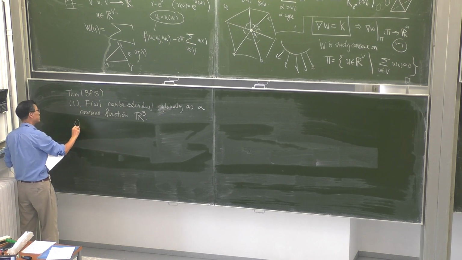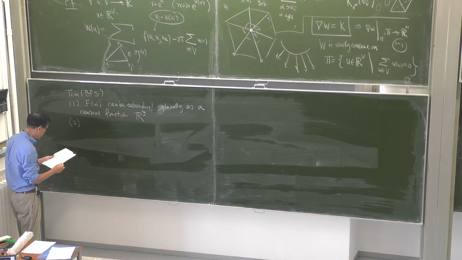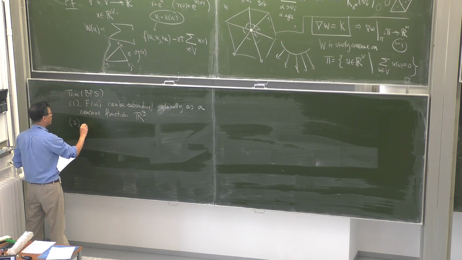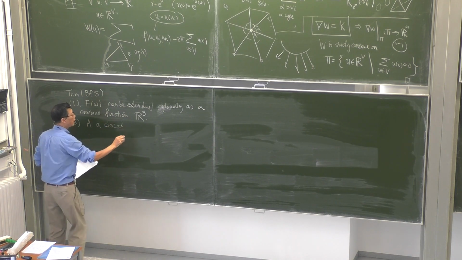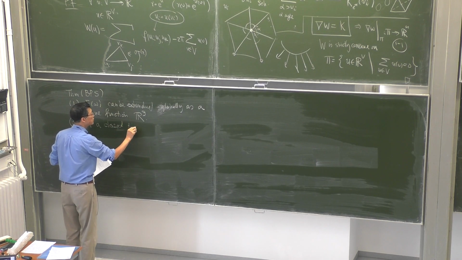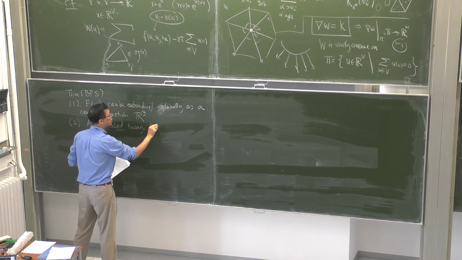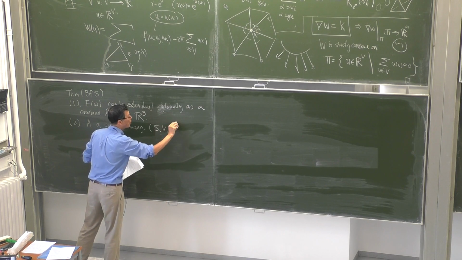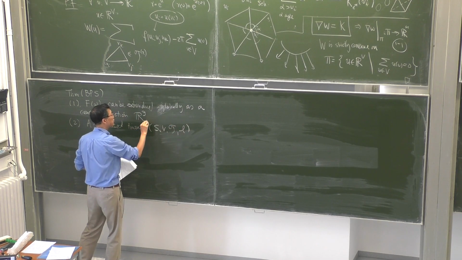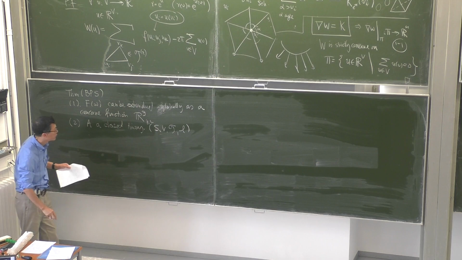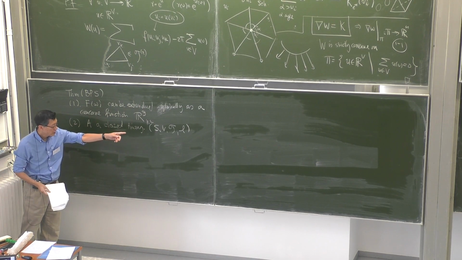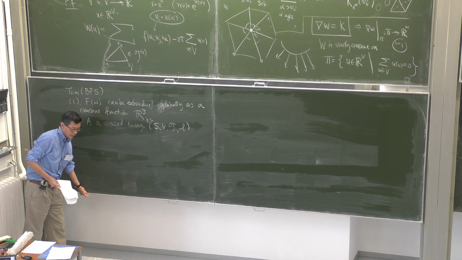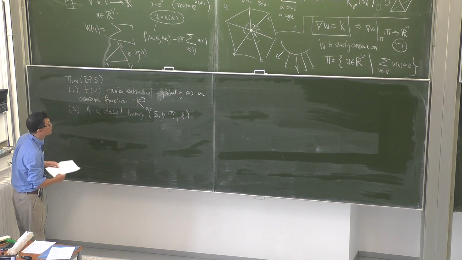And so they prove this global rigidity theorem: for a closed triangulated surface, this is a polyhedral surface, the discrete curvature determines the metric after scaling.